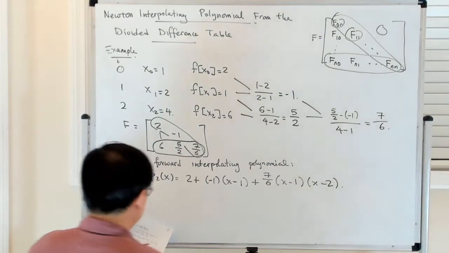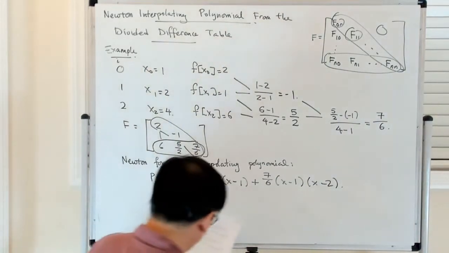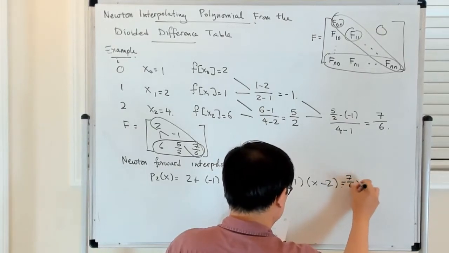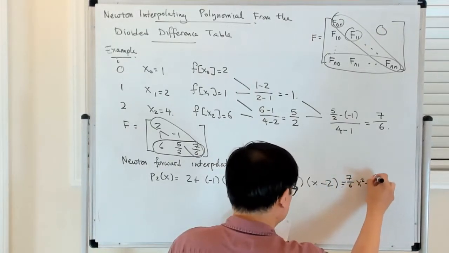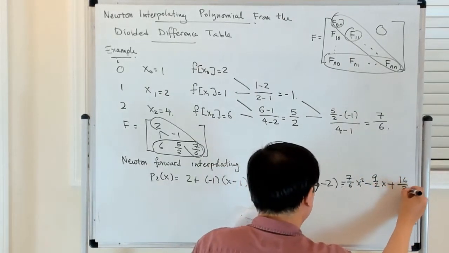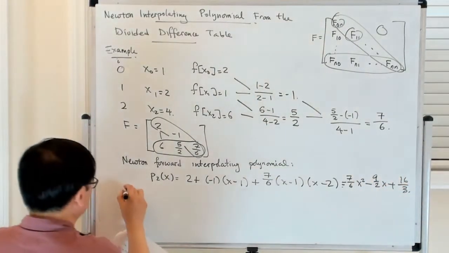You can check what that is when you expand it out. That is 7 over 6 x squared minus 9 over 2 x plus 16 over 3.